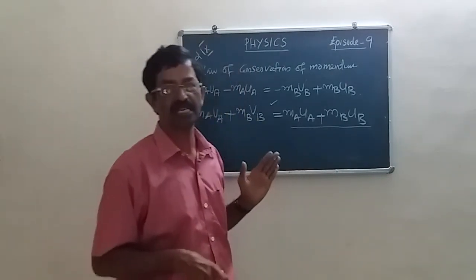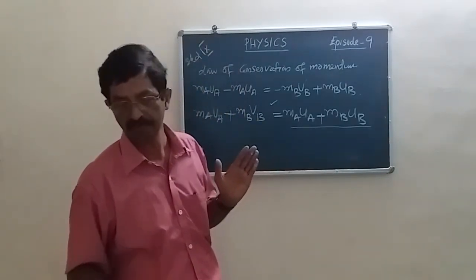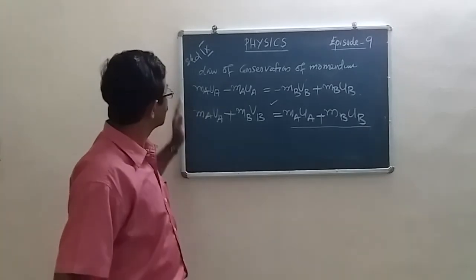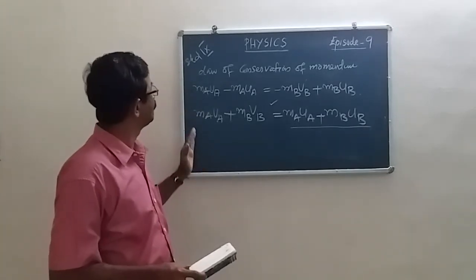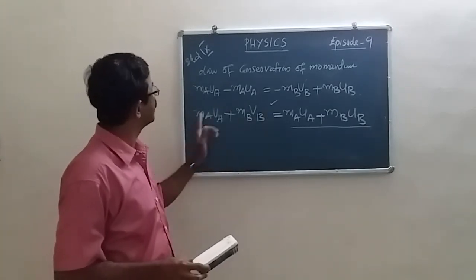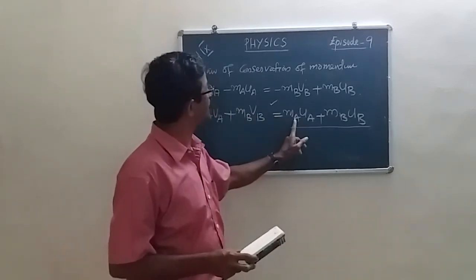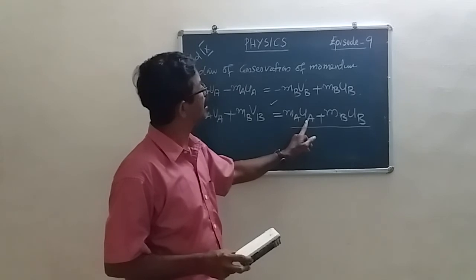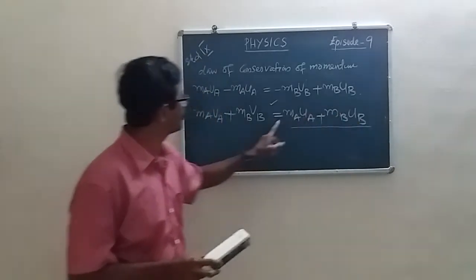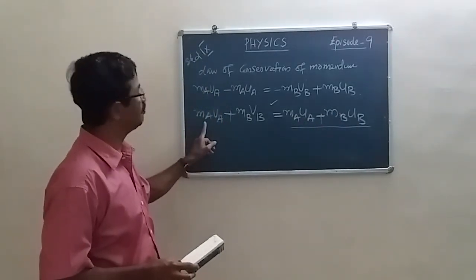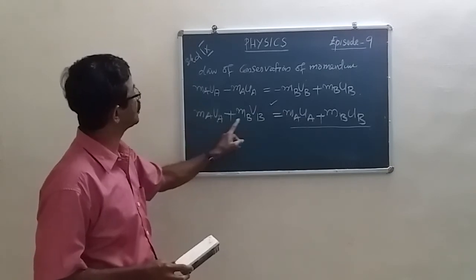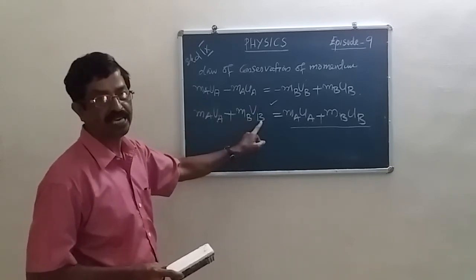So, we got the law of conservation of momentum. In this case, what is the relation? Momentum before collision, that is M_A U_A plus M_B U_B, is equal to momentum after collision, that is M_A V_A plus M_B V_B.